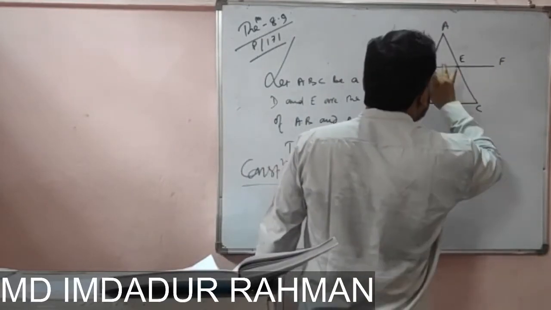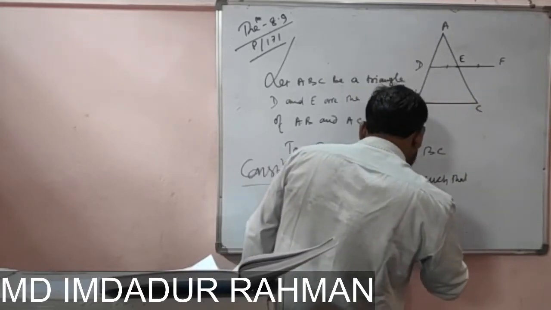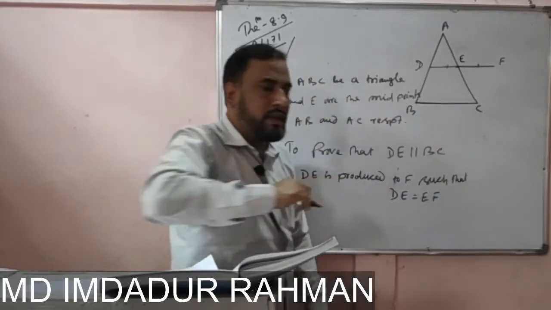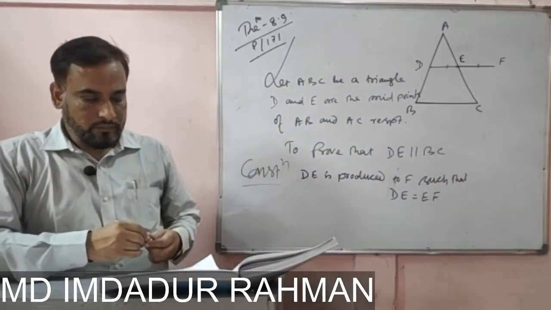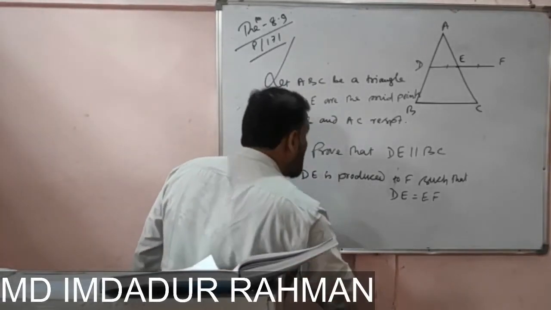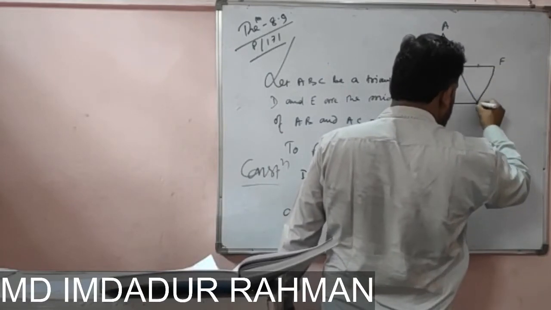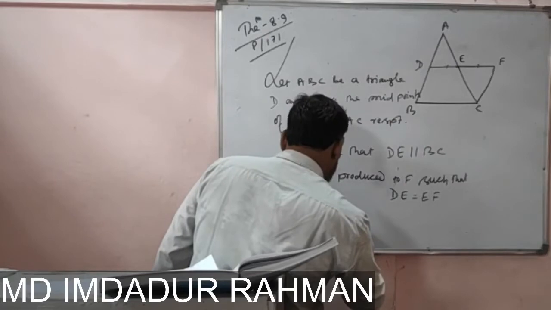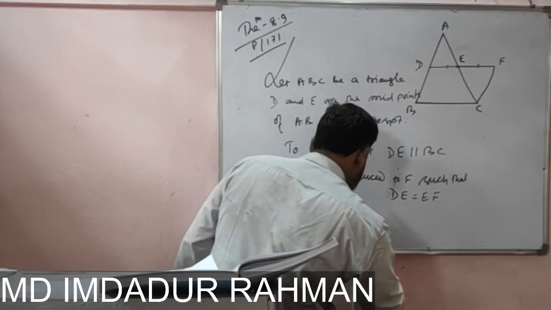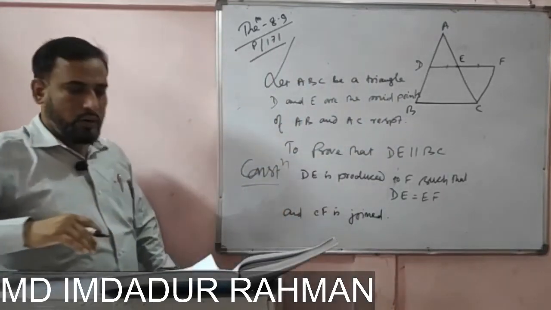How much to produce? DE is equal to EF. This much we have to produce. And after producing, we will join CF. CF is joined. This much is your construction part.